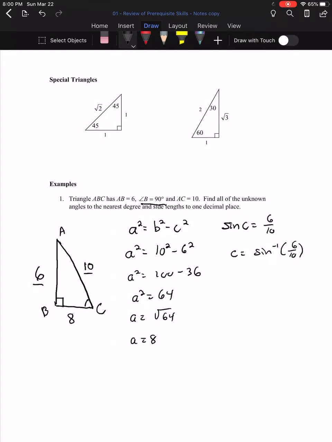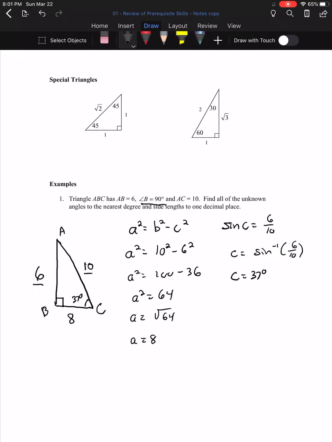Go to my calculator and make sure I'm in degree mode and do sine inverse 6/10. And I get 37 degrees. I think it said nearest degree, yeah. So C is 37 degrees. I'll put that on my picture, 37 degrees.